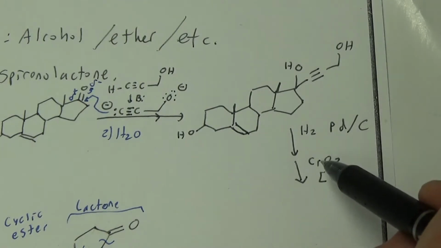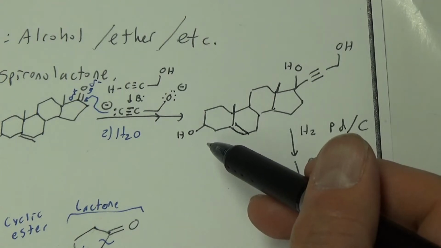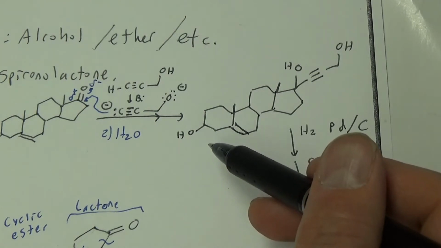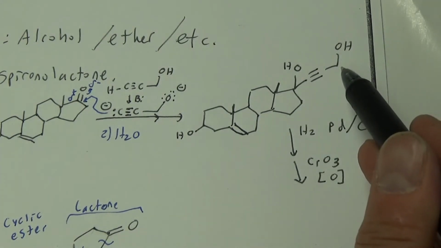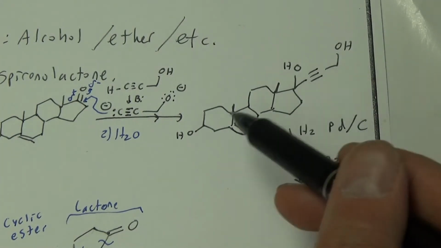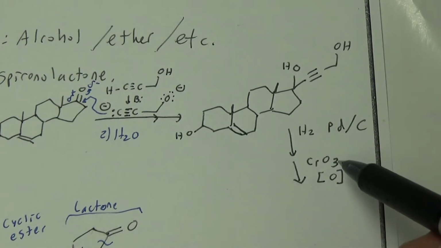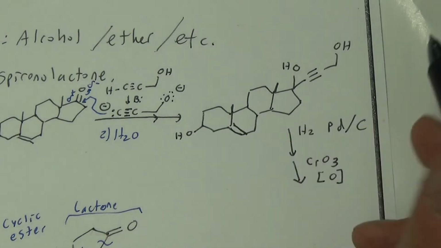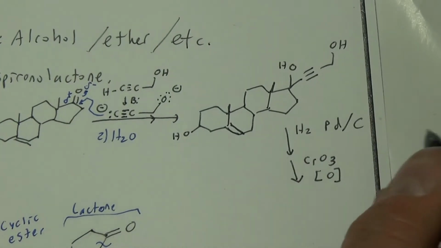And that's why I think it doesn't react with this. Actually, no, it does. Yeah, it actually oxidizes two things here. It oxidizes that to a carboxylic acid, and it oxidizes this to a ketone. So this actually is doing two oxidations. All right, carboxylic acid, ketone. Let's try that.